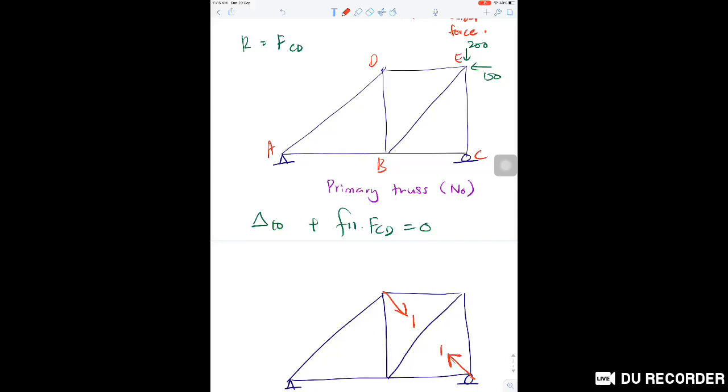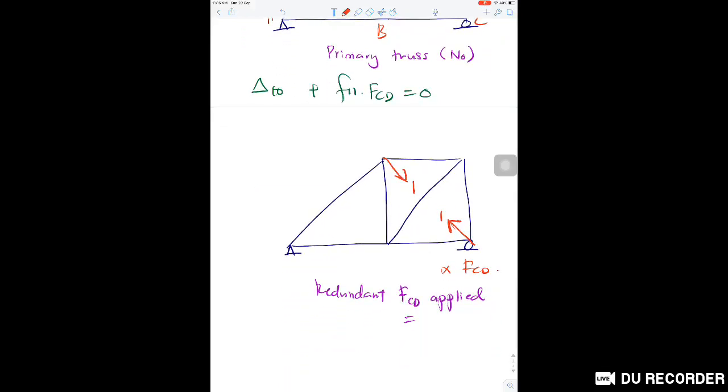For the redundant truss, in this case, when the redundant is a member force, we have the same type of primary truss, but this time the truss is subjected to a unit value of force in member CD. So we apply it into the system like what I did just now, like this.